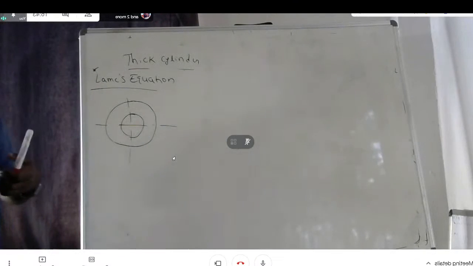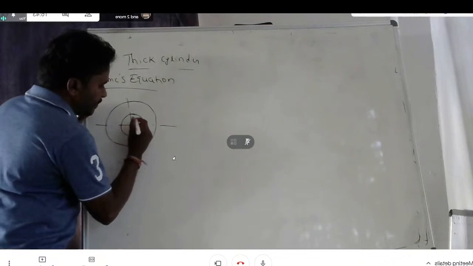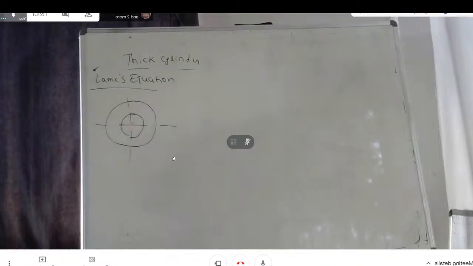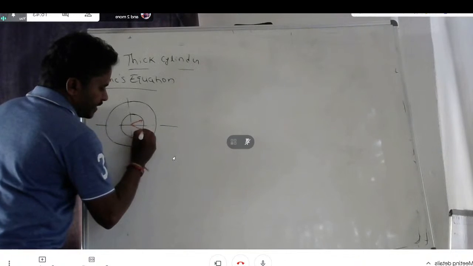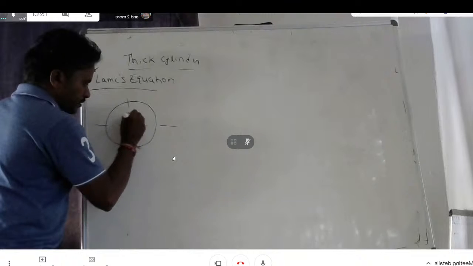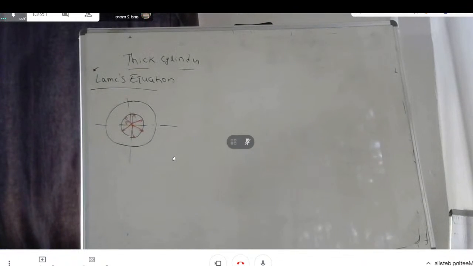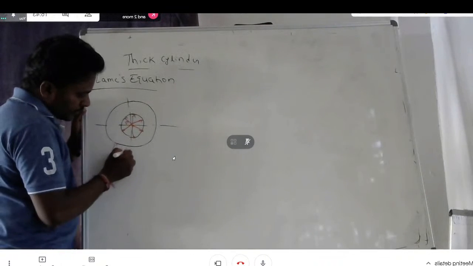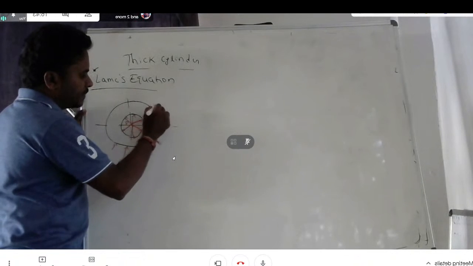So in the inner radius there will be a pressure acting, like this in all directions internally. That is P. Now on the outer side also there will be a pressure acting, that is the radial pressure.